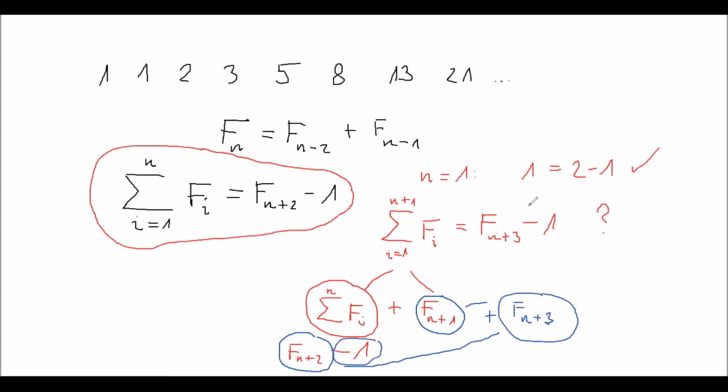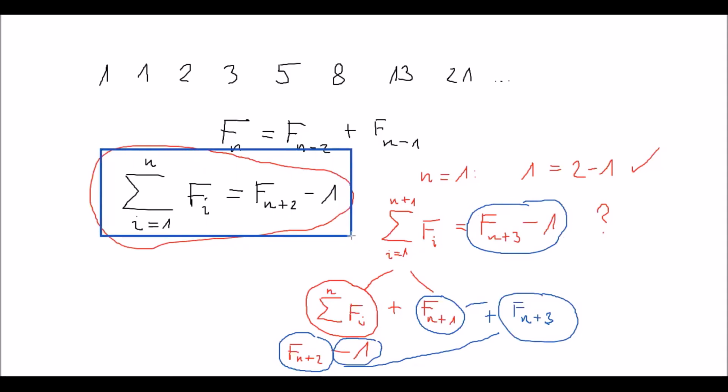So that means that f(n+3) minus 1 is really equal to that sum. All right, that's all. That's a short mathematical proof, but the main thing is that what we have proved now is that this equality holds. Why is it important for us?